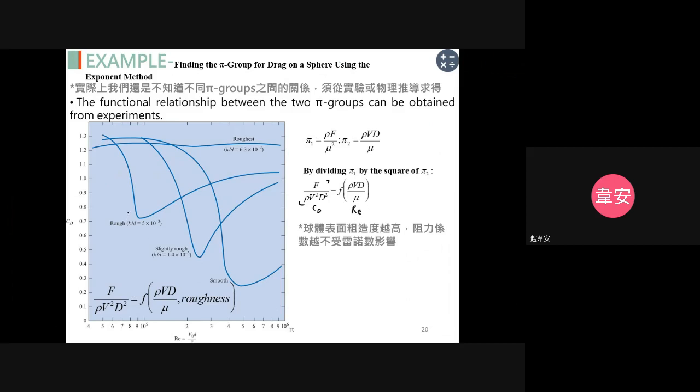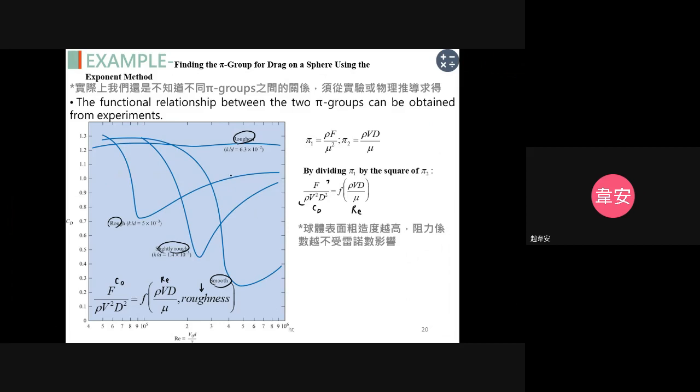But they also found that the drag coefficient is not only a function of the Reynolds number, but also of the roughness here. So you see, different roughness will have a different trend between CD and the Reynolds number.